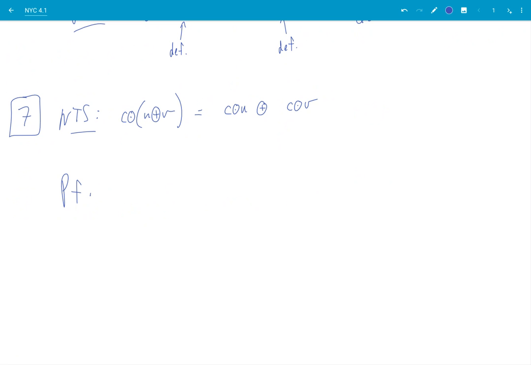So, start with the left-hand side. I get c dot, u plus v. What is that? Well, I get c dot, this is uv by definition.